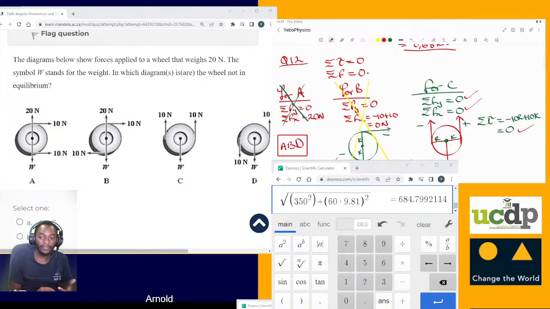And in resultant force, make sure that you are also considering the X component. So the sum of forces in the X component should add up to a 0. The sum of forces in the Y component should also add up to 0. So if you remember that, you will not have a challenge in solving problems that involve static equilibrium.